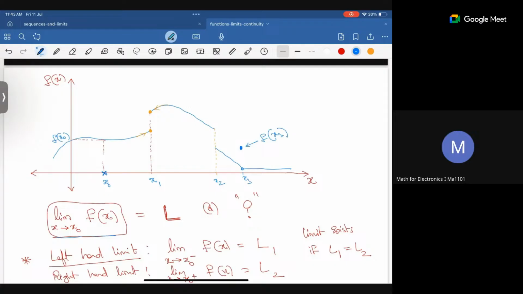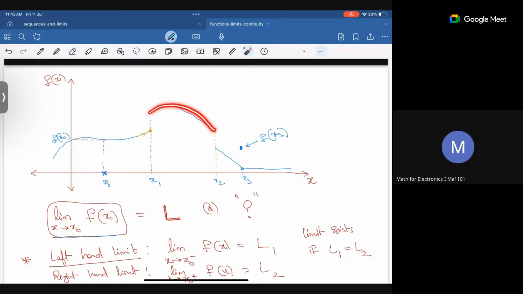Here, I can draw without lifting my pen till here. But once I reach here, I definitely have to lift my pen and put it back onto the paper here, so there is a discontinuity.